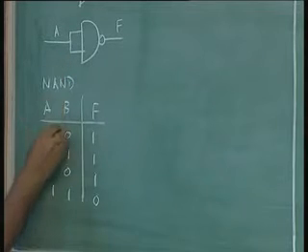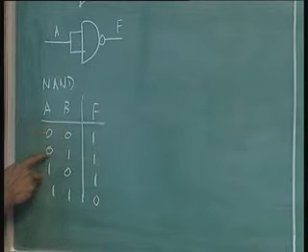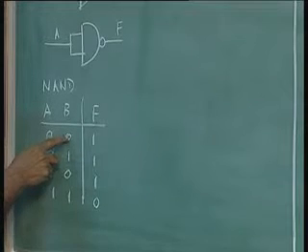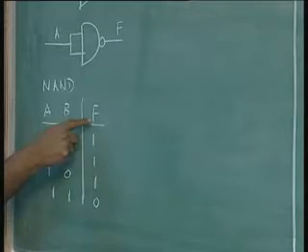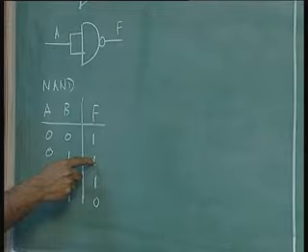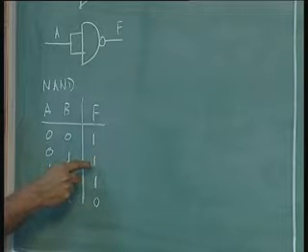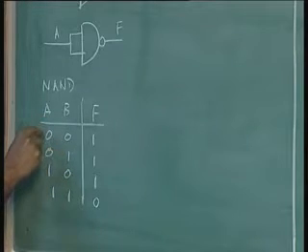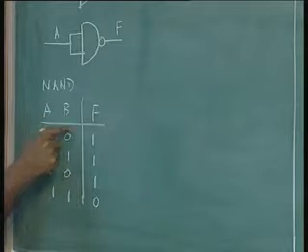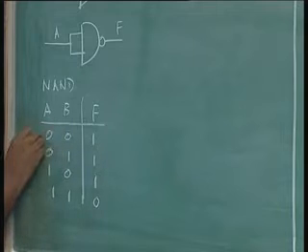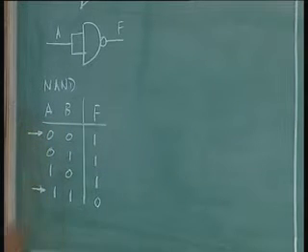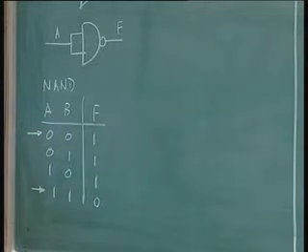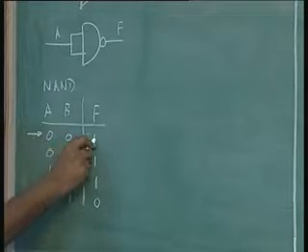That means these are the only two combinations possible: A and B both 0 0, or A and B both 1 1. If both are 0 0, the output is 1.